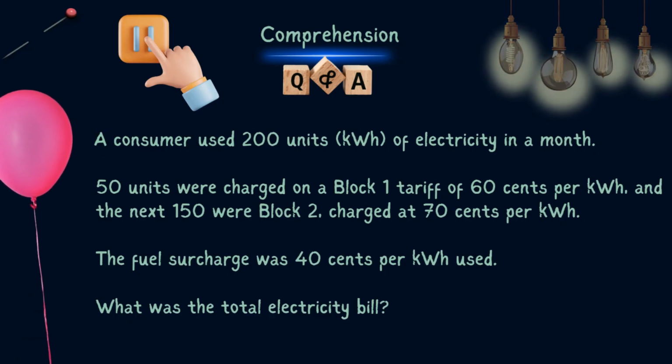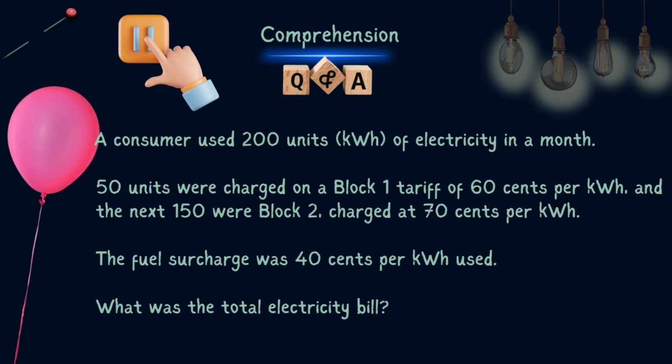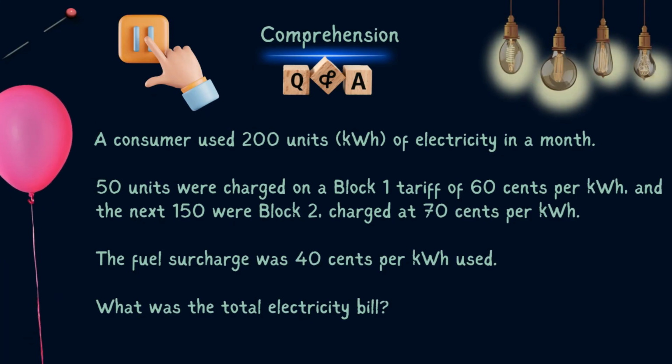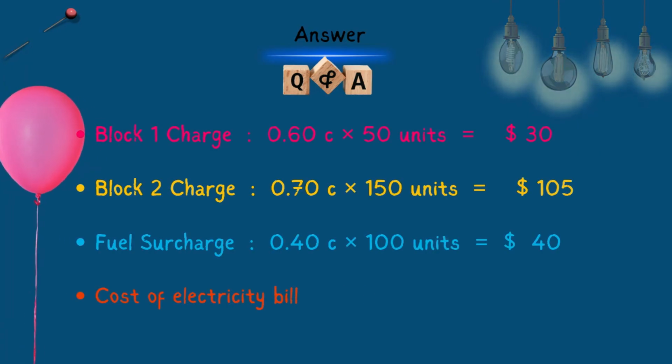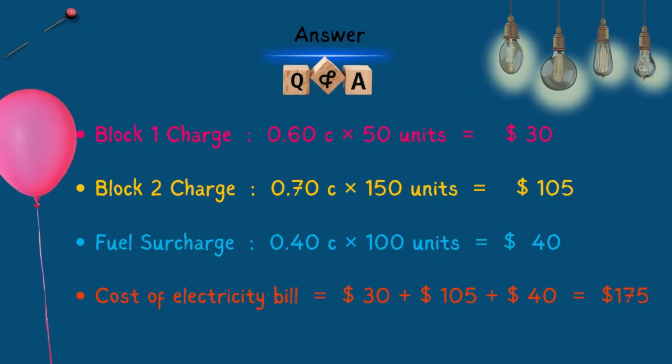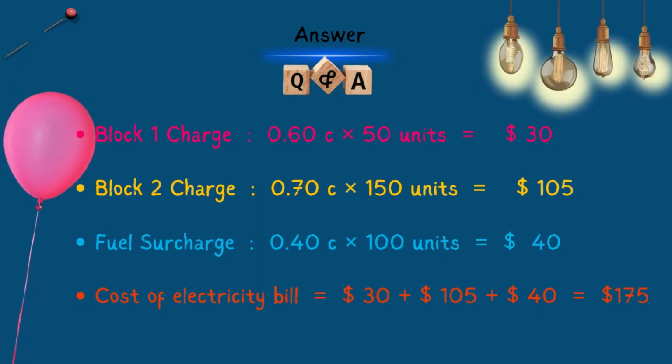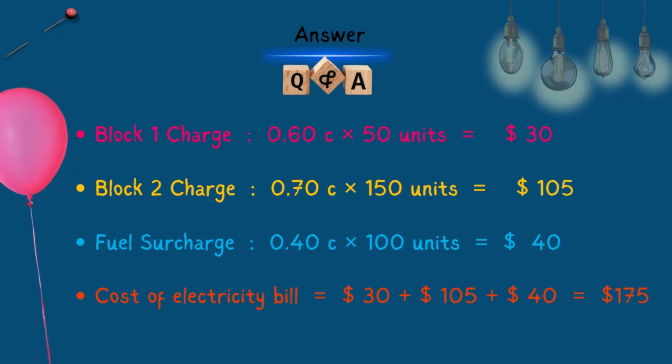What was the total electricity bill? You may pause the video to answer this question. Take your time. Did you break it up? If you did, you should get $175 for the cost of the electricity bill. Good job!